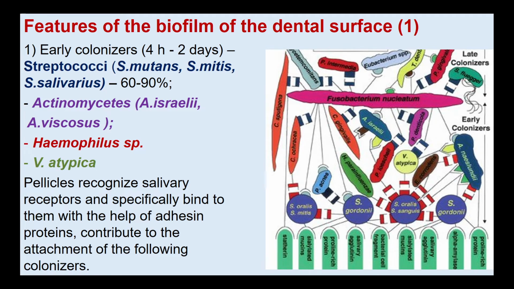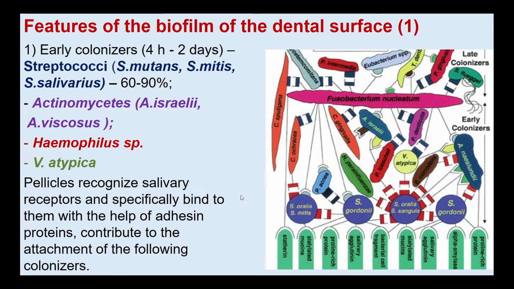As I said, Streptococcus start to adsorb first: Streptococcus oralis, mitis, gordonii, sanguis adsorb on the surface of the glycoprotein films. These bacteria have very many mechanisms which help them to adsorb and multiply in these conditions. They are the first primary colonizers of biofilms.